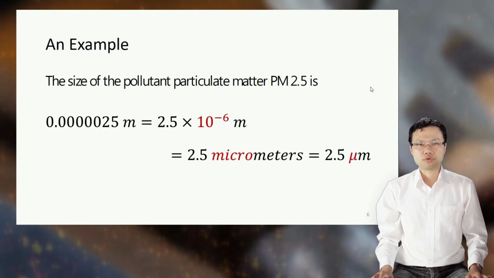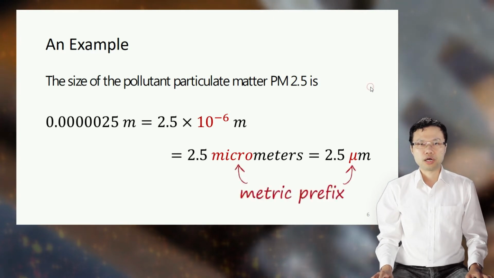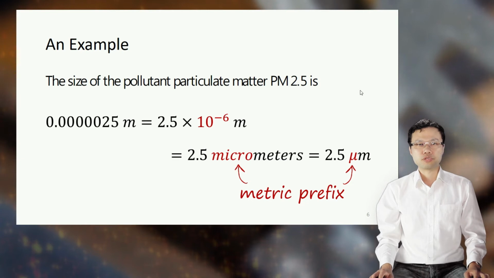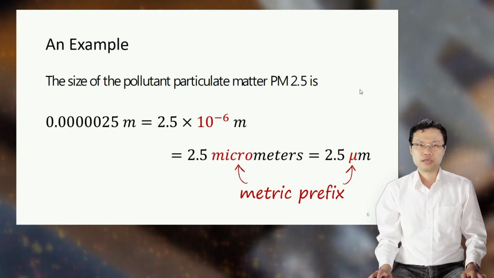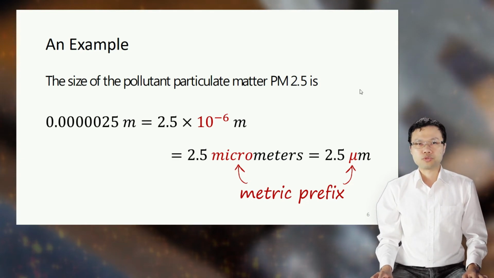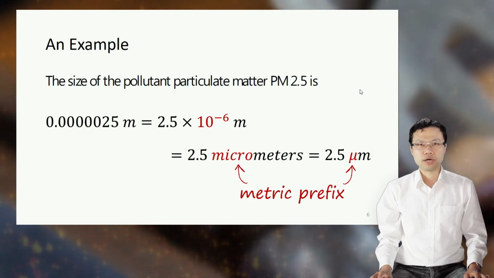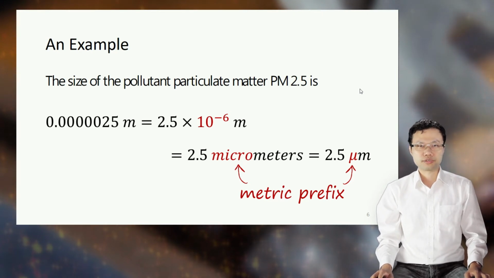The prefix micro or mu attached to the unit part is called the metric prefix because it is a prefix and is related to the powers of 10. If a prefix is related to the powers of 2, we call it a binary prefix, like what we use for the storage size of a computer.